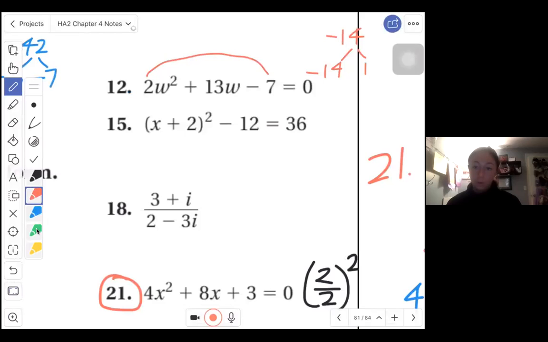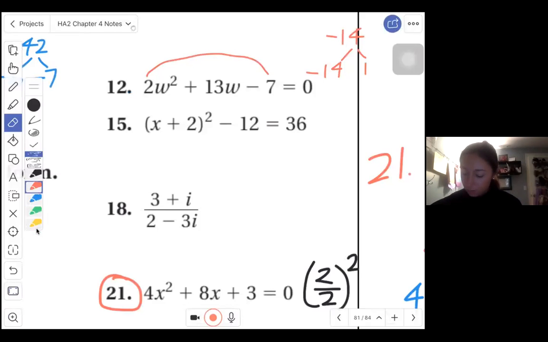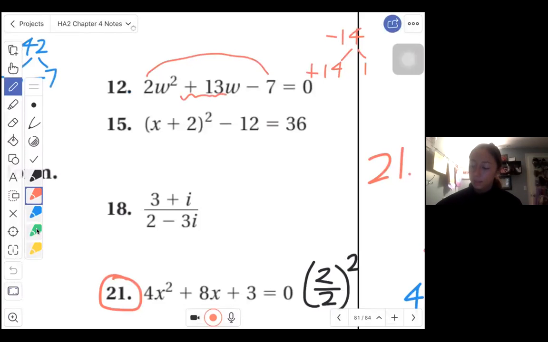Yeah, so we would have AC grouping here. So we have 2 times negative 7, which is negative 14, and factors of negative 14 could be, so I think we have it a little backwards here. So it's positive 13. So this 14 would need to be positive, and then the 1 would be negative.